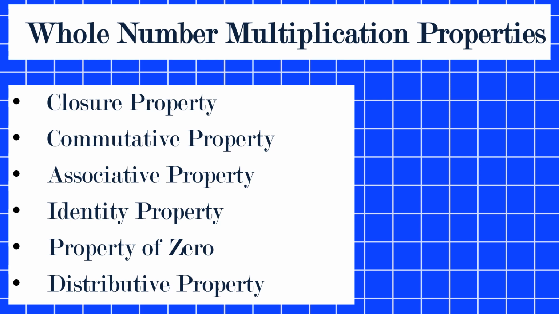What gives you back the same number? 1. Anything you multiply by 1 is going to give you back that original number. What about 0? What happens when you multiply by 0? You get 0. So that's the property of 0. Anytime you multiply by 0, it's going to give you back 0. And then we have the distributive property, which says that you can distribute that to each term inside a set of parentheses.